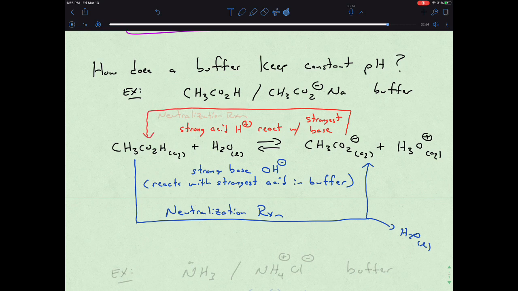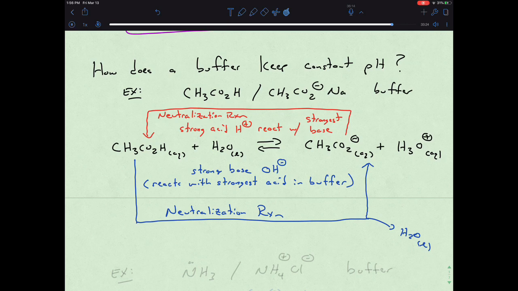And again, there is our neutralization reaction occurring. So if you add strong base, the parent acid neutralizes it, keeping constant pH. If you add strong acid, the conjugate base of the buffer neutralizes it, and again, you keep constant pH.